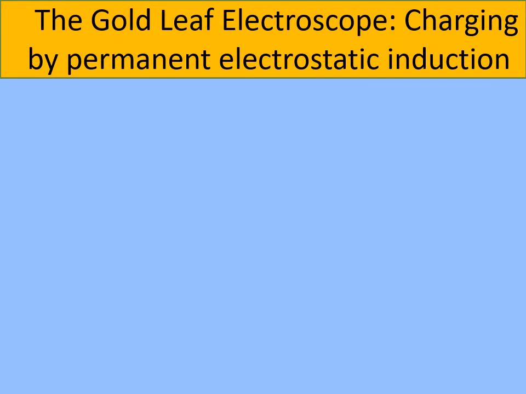So we've seen two methods of charging an electroscope, by contact or by electrostatic induction. Just remember that with the contact method, as soon as you take away the charged body from the electroscope, it's a little bit more permanent because the gold leaf remains deflected.